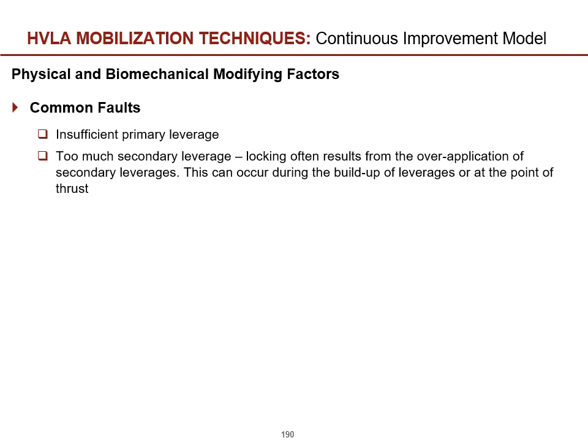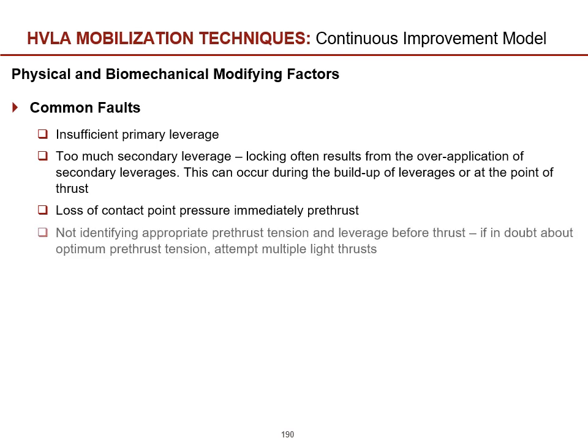This can occur during the buildup of leverages or at the point of the actual thrust. Loss of contact point pressure immediately pre-thrust, particularly maybe with the coming off of the barrier. Not identifying appropriate pre-thrust tension and leverage before the thrust.